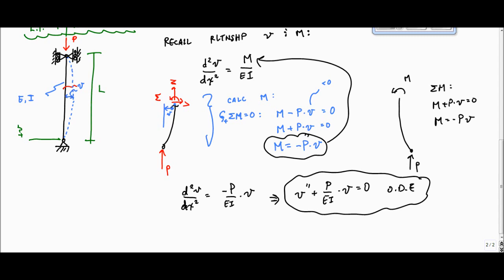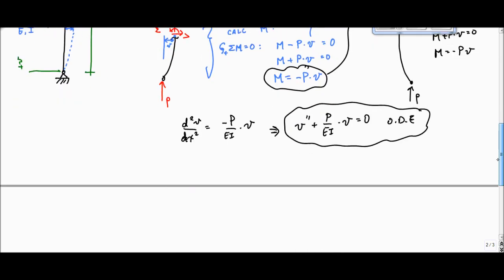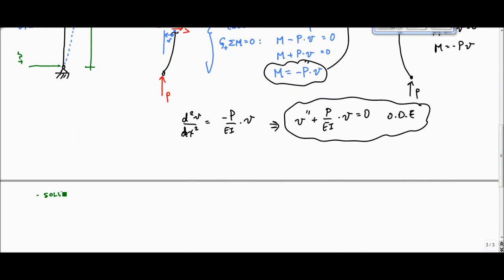Does anyone know what the solution to the ODE is? A general form of the solution would be V as a function of x is equal to a cosine of c times x plus b sine of c times x right here.